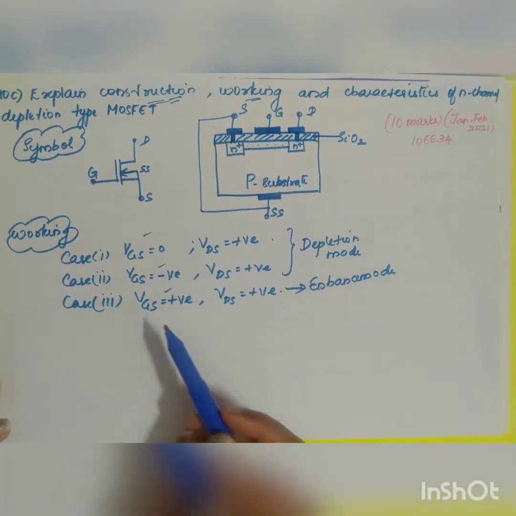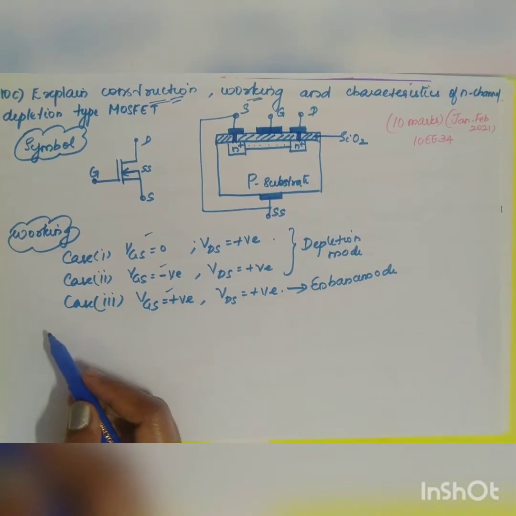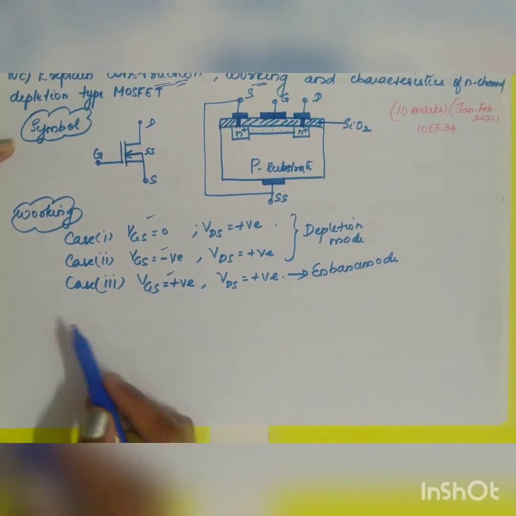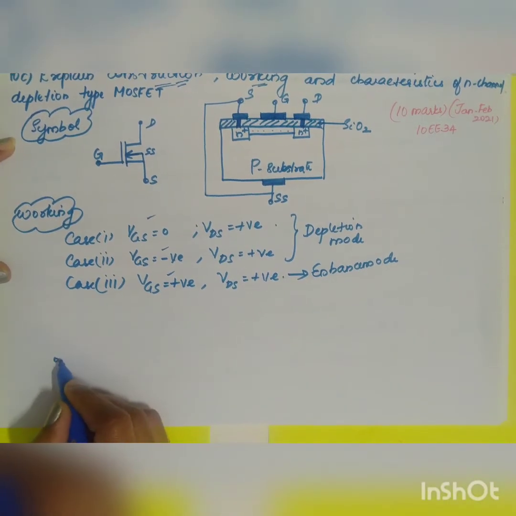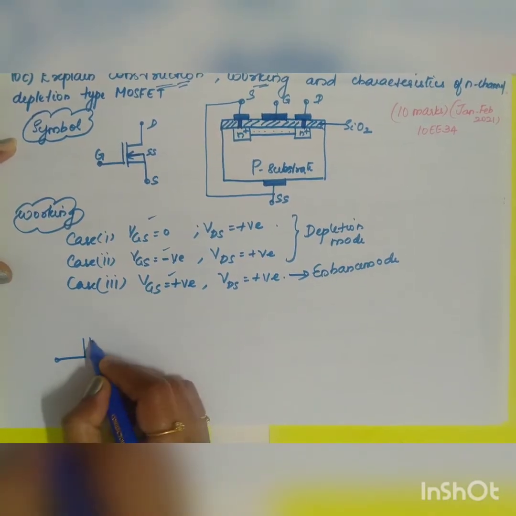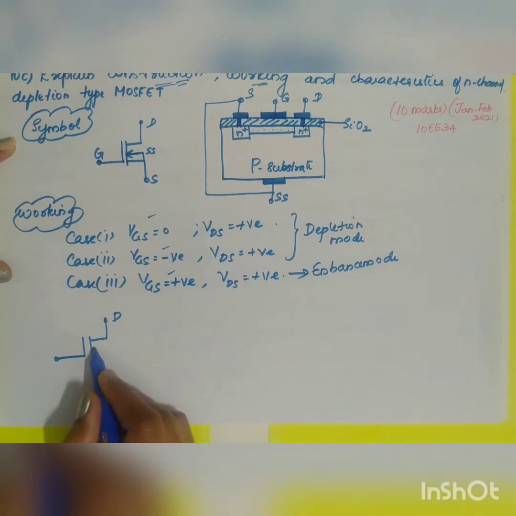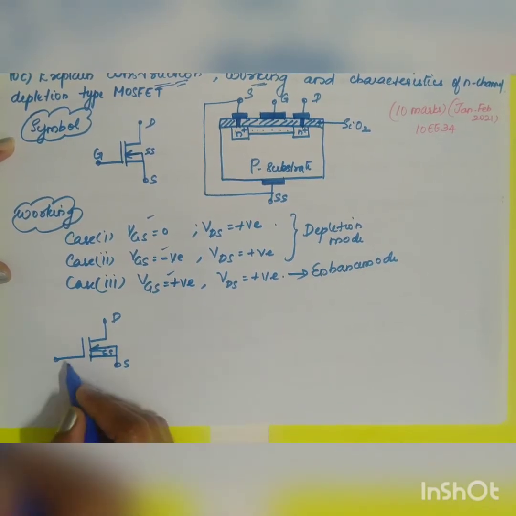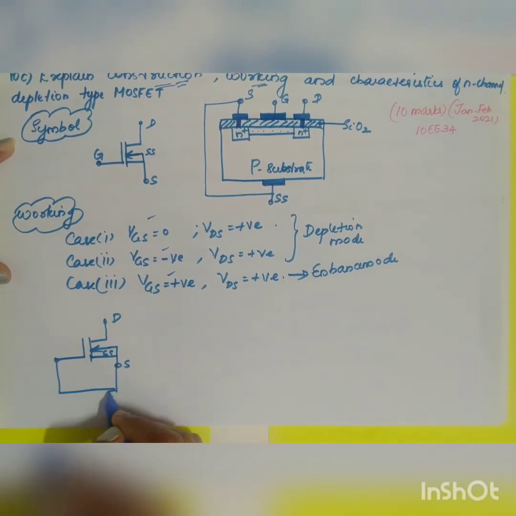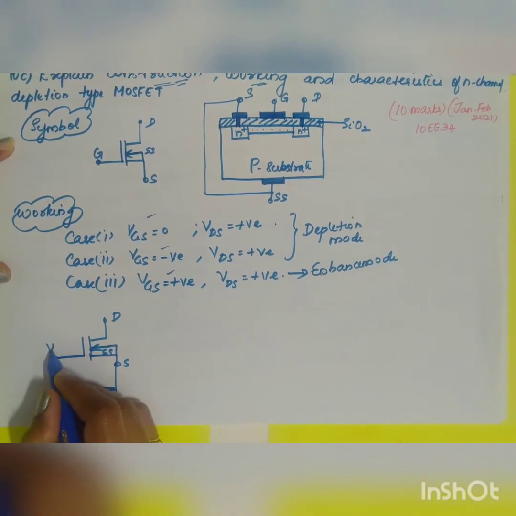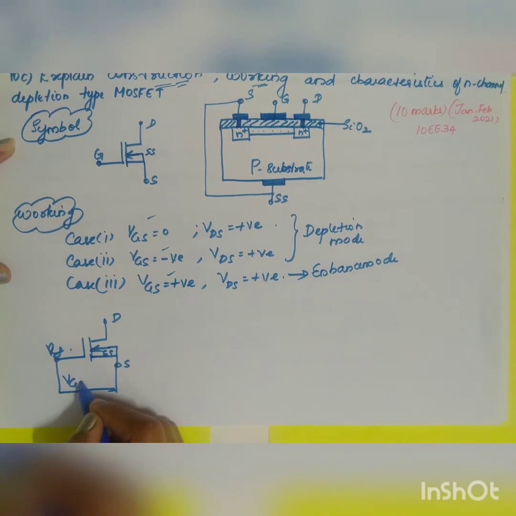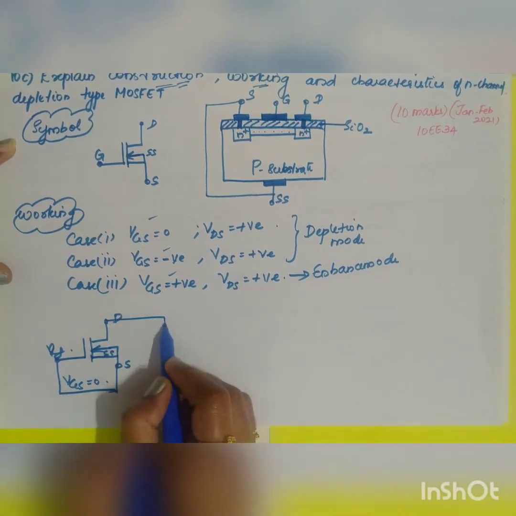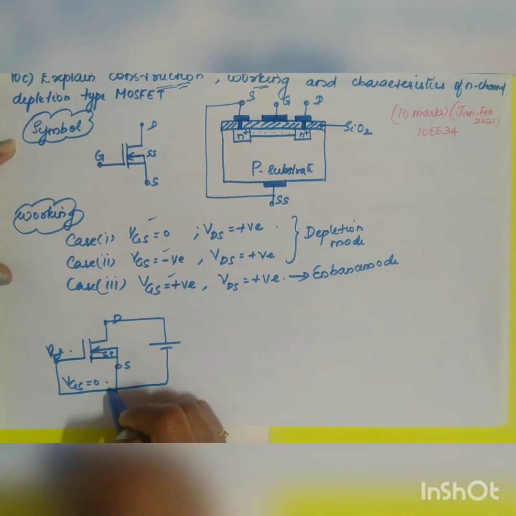Now let us go on to the first case, when VGS is equal to 0 and VDS is positive. Let me draw it with the symbol. This will be your drain. This will be your substrate, which is connected to your source. This is your gate, right? VGS is equal to 0, so it is shorted, and you are going to apply a small positive voltage.